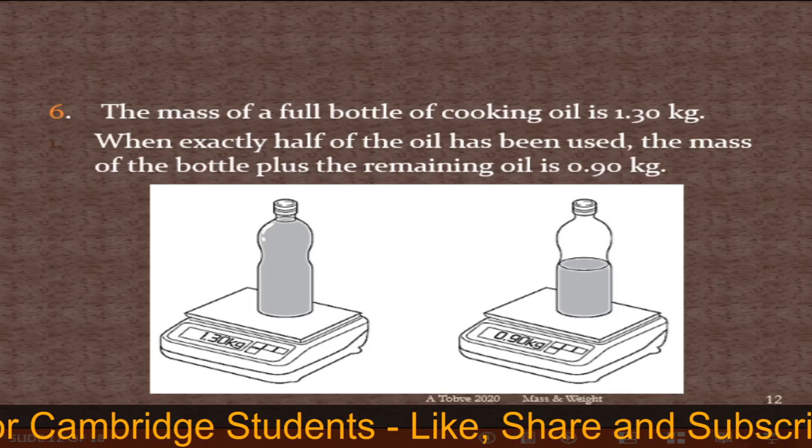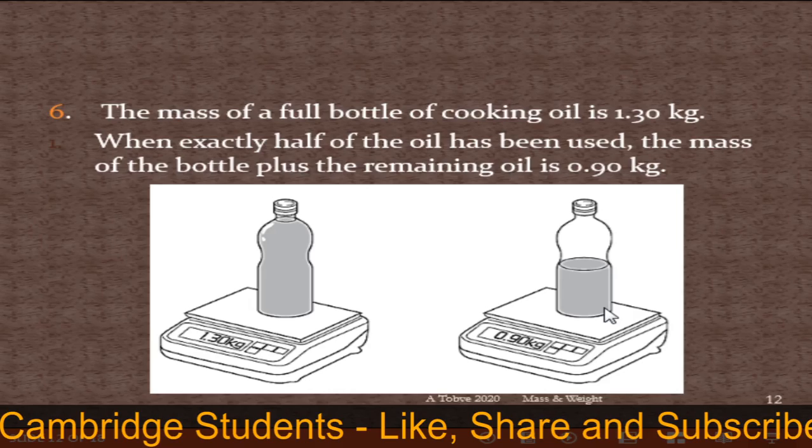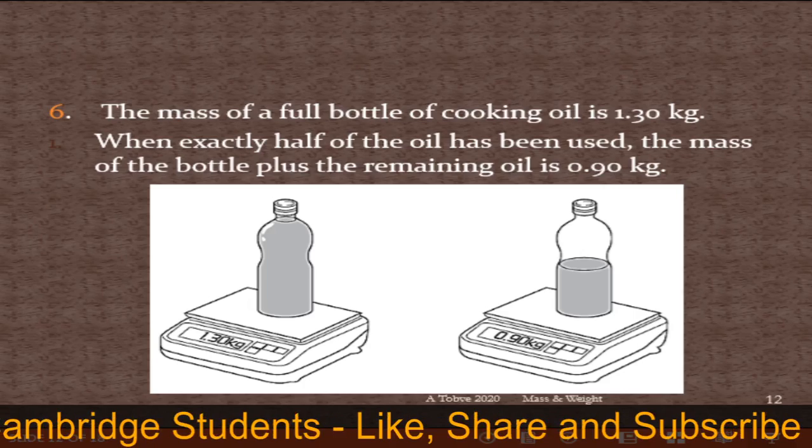So you could let the mass of the empty bottle be B and the mass of the cooking oil be C. So B plus C will be 1.30 kgs for the first one. And then B plus half C is equal to 0.90. And then you solve that system of simultaneous equations. You will find that C gives you 0.8 kgs, which is the mass of the cooking oil.